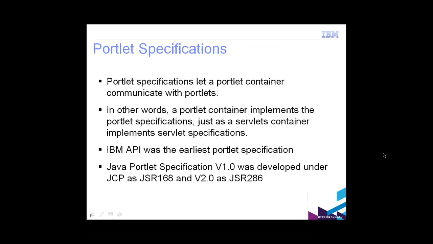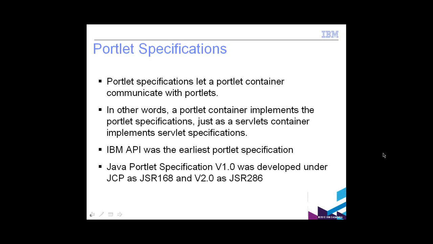On to the next slide now. So what is a portlet specification? First of all, there is a container called a portlet container, just as there is a servlet container and an EJB container. As I said a while ago, a portlet container is a software program that implements the portlet specifications.